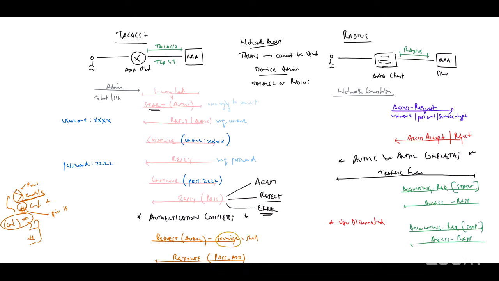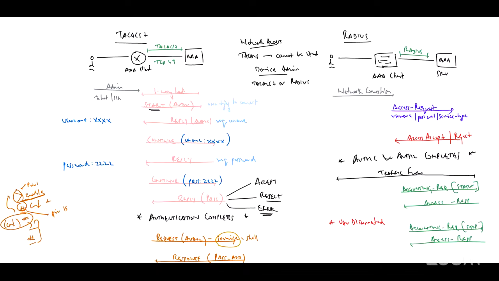Okay, so for authentication and authorization, you have the access request, which is always going to be from the client to the server. And the access accept is always going to be from the server to the client, and it tells a successful authentication.